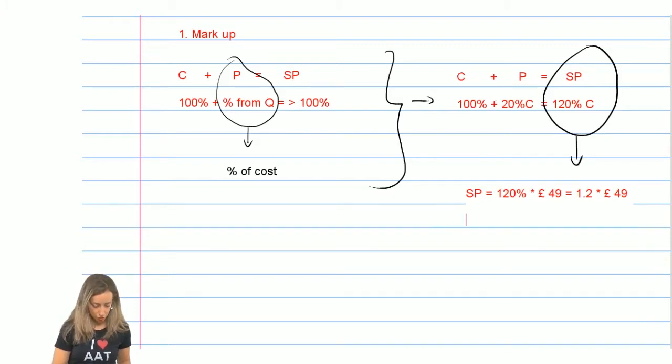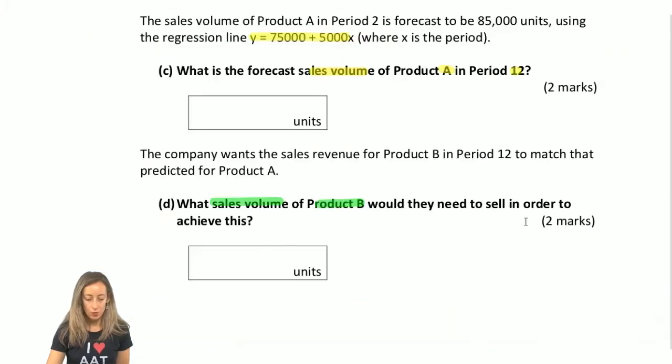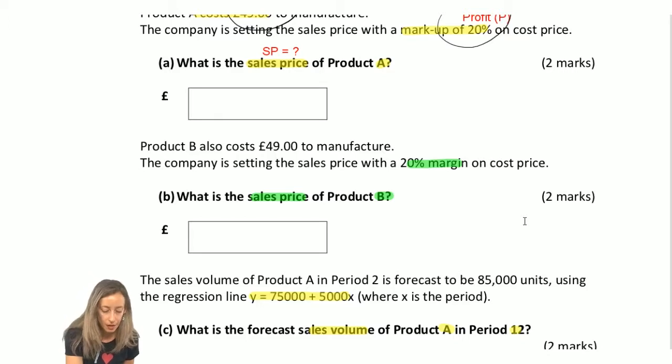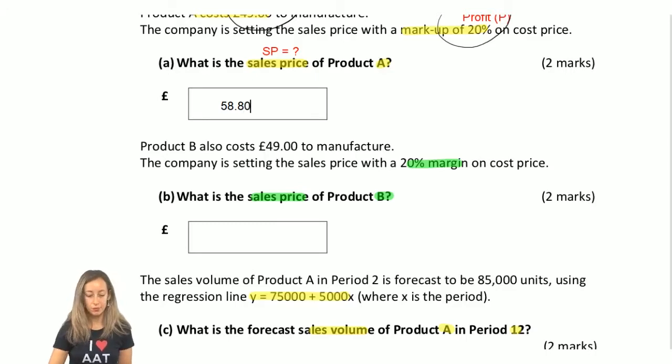So selling price should be £58.80. Wonderful. Okay, now we can go back and put it in our little box. Let's type it up here. We've already got 2 marks and that wasn't difficult.